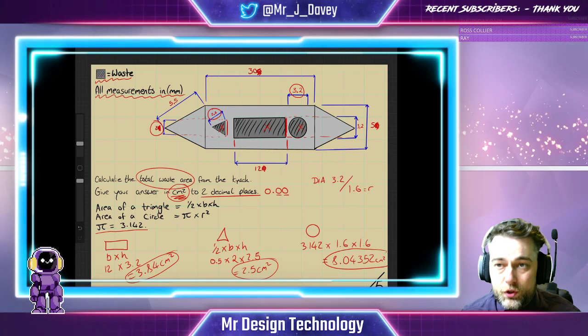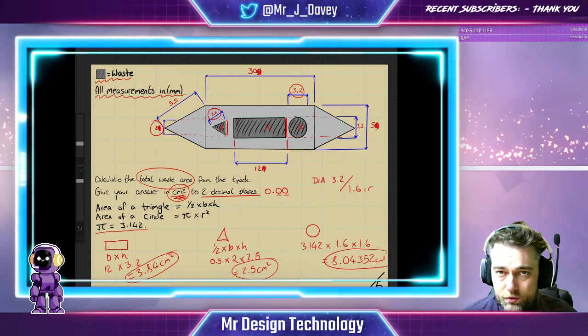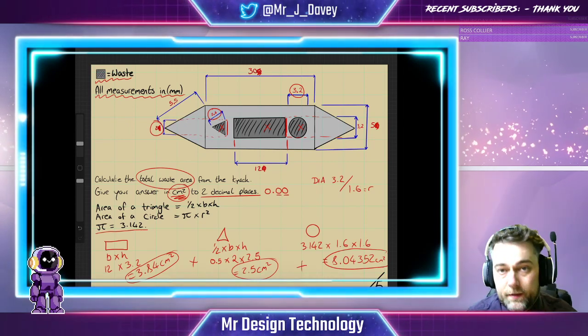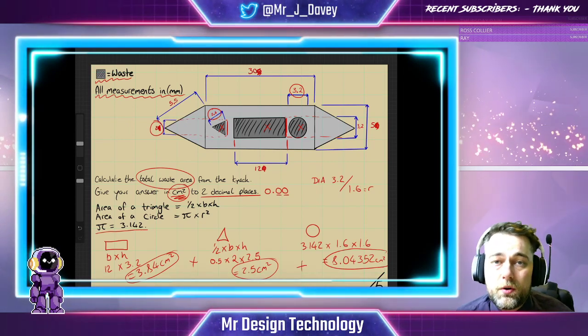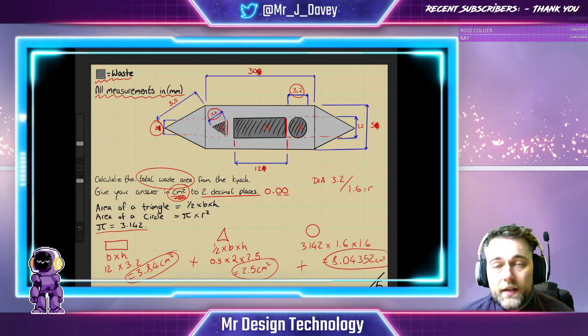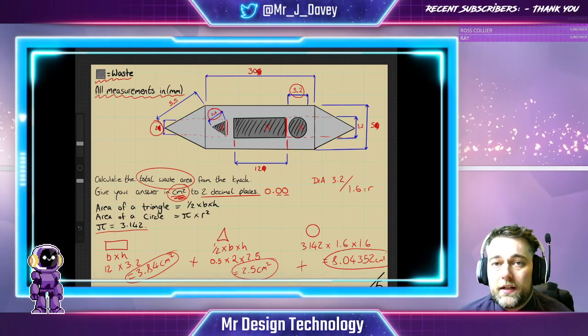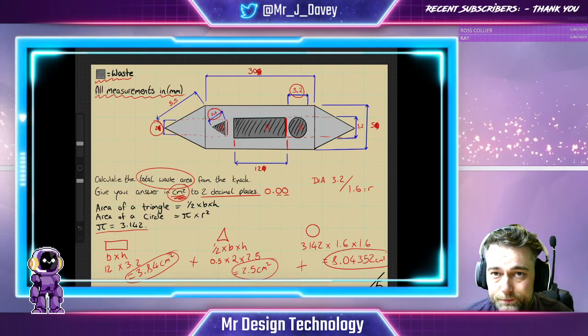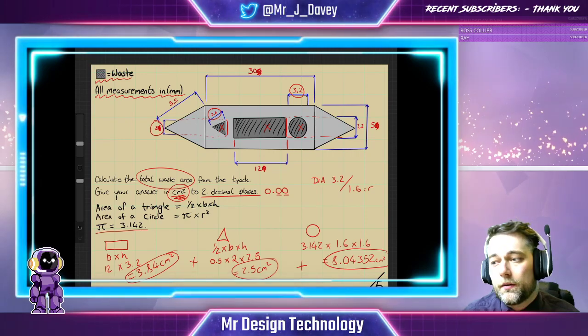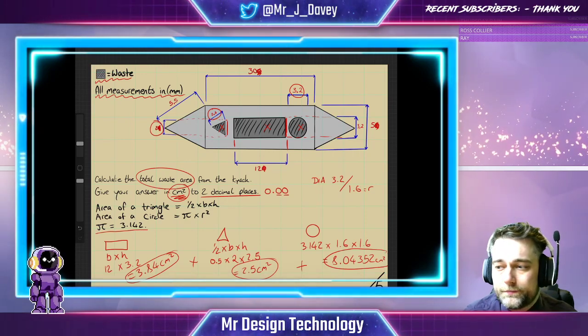Okay, so we should be able to remember from our last video, the tutorial video, that what we have to do now is add these three big numbers together to give us our final total waste area. Once you've done that, I'd expect you to then turn it into 2 decimal places. I'm going to give you a moment now to have a go at that for yourselves at home, and then join me back to go through the answers.